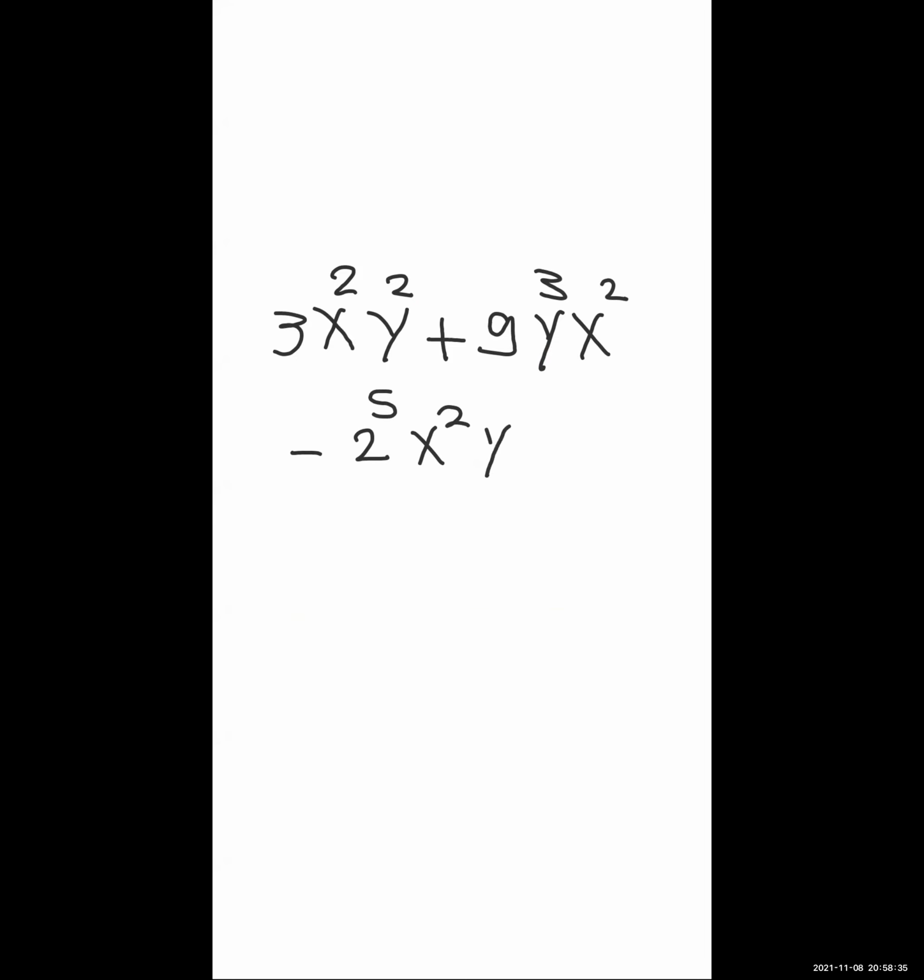Listen to me carefully. If it's like that, 3x squared y squared plus 9y to the power 3 x to the power 2 minus 2 to the power 5 x squared y to the power 4.